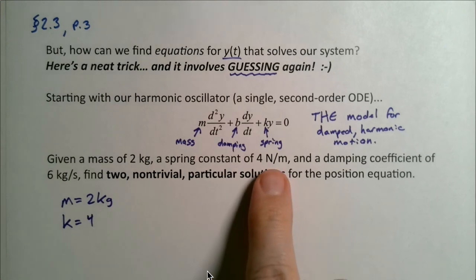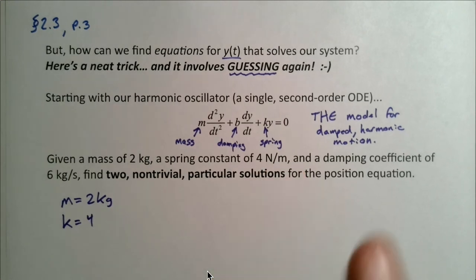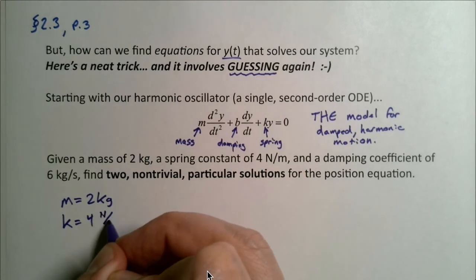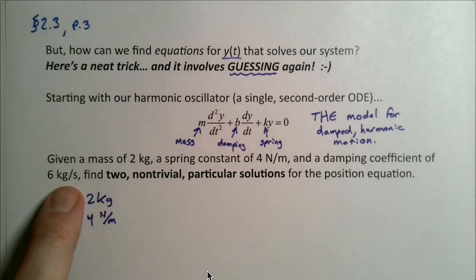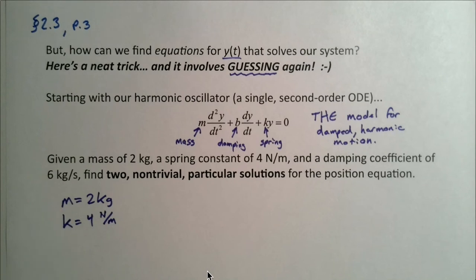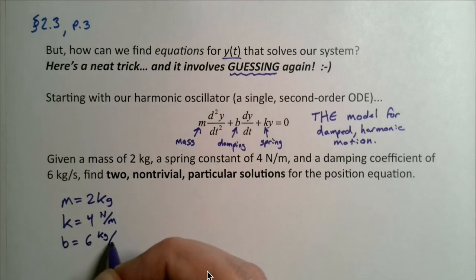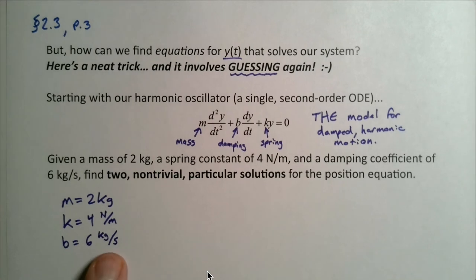And notice the units on this: newtons per meter. Then a damping coefficient of 6 kilograms per second. And you might look at it and go, wait a minute, that doesn't look anything like what we were talking about before. It was newtons per meter per second. But you'll see it does work out in the end.